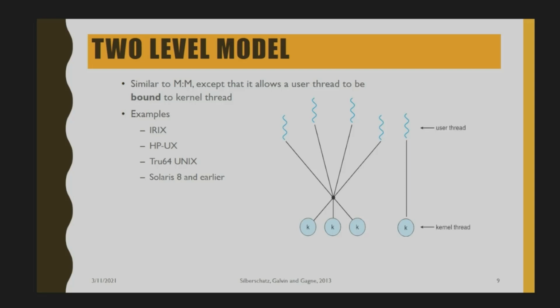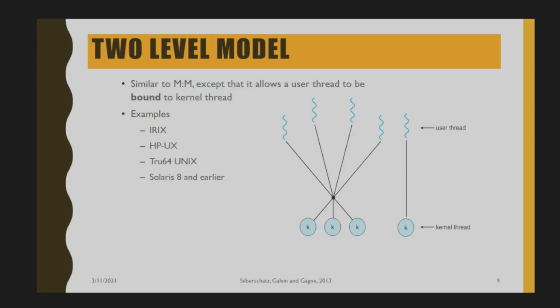The difference is we have another part that allows a user thread to be bound with a kernel thread. Examples are IRIX, HP-UX, Tru64 Unix, and Solaris 8 and earlier. The previous one is Solaris 9 and later versions.